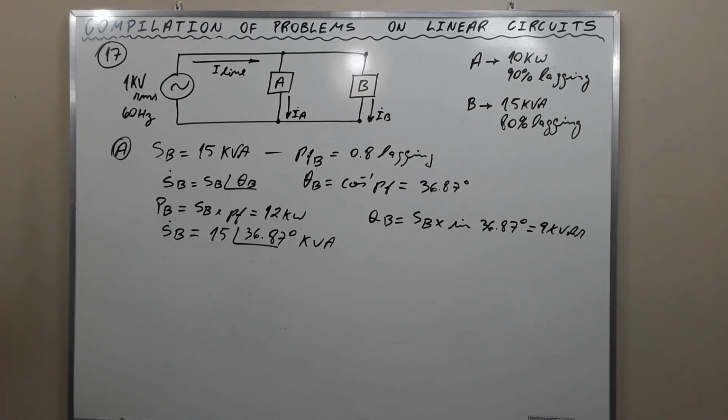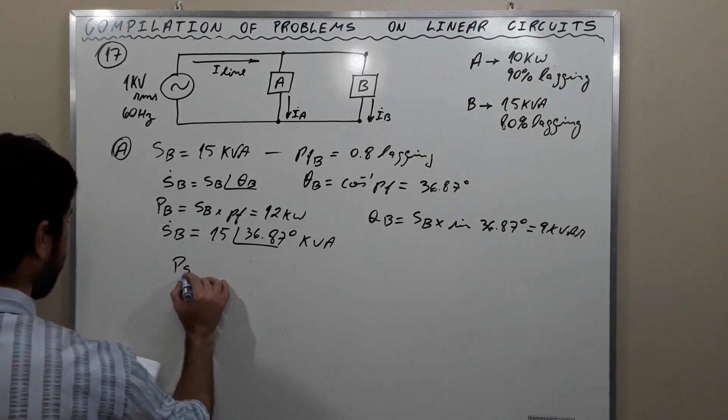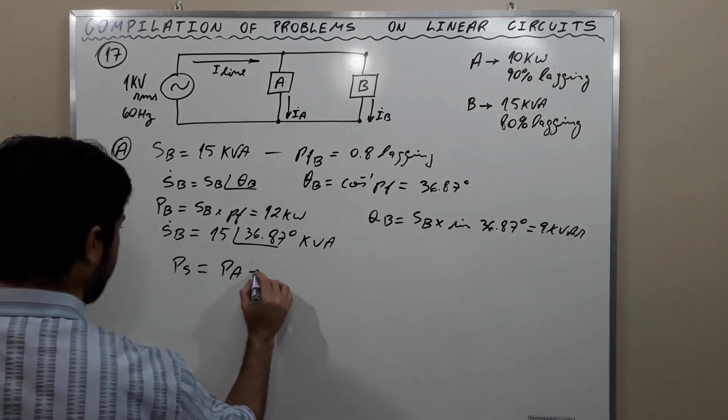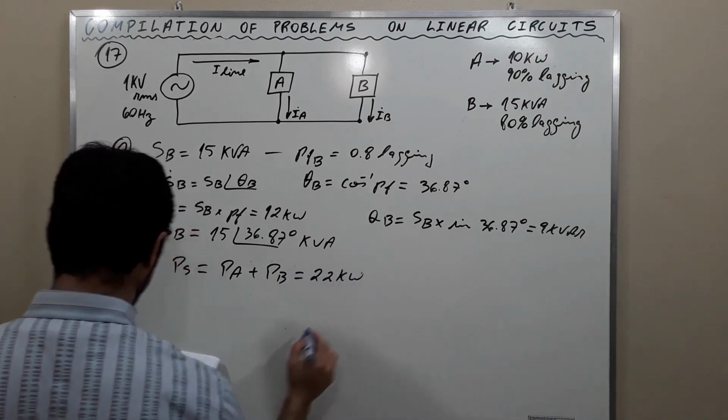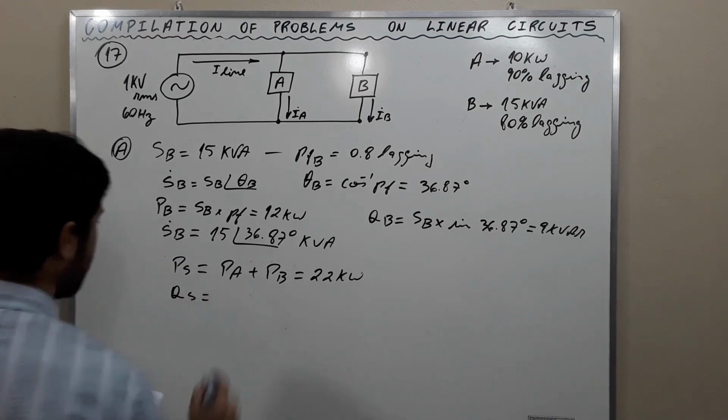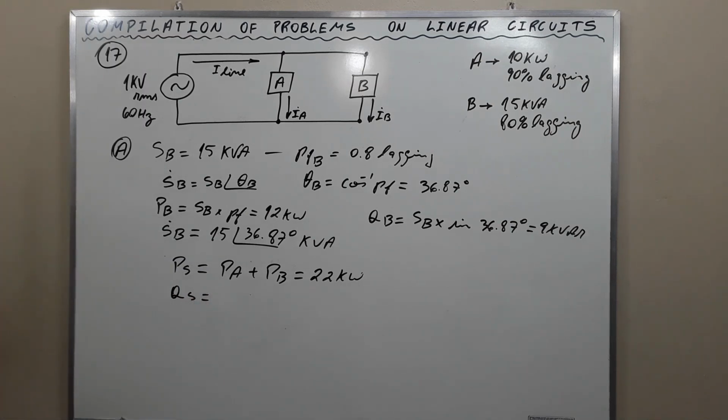The complex power delivered by the source can be calculated either by summing the individual complex powers or by using the real and reactive powers. Okay? The real power delivered by the power supply will be the sum of the real powers, and the reactive power supplied by the source is the sum of the reactive powers.